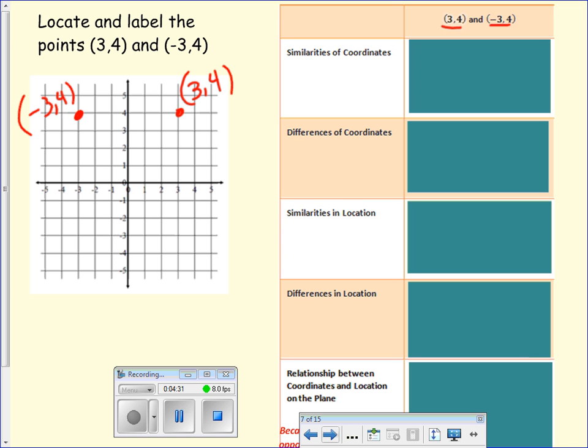Okay? So let's look at what's the same and what's different, similar to what we did for last night's homework.